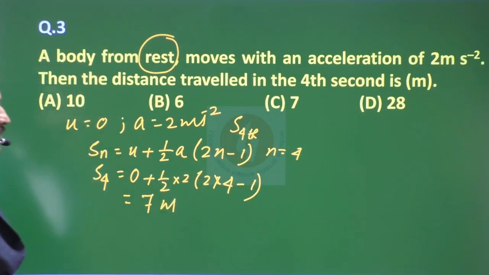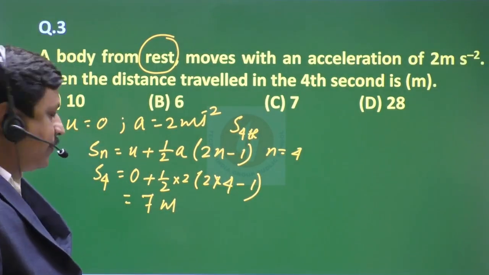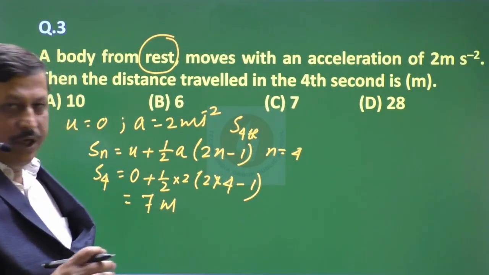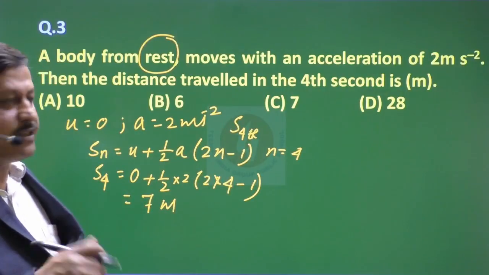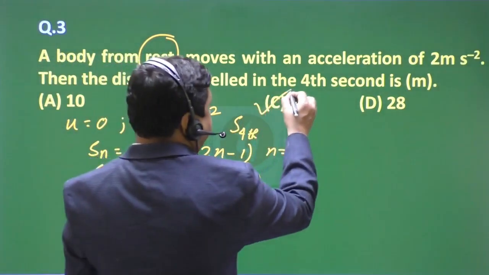Okay, that means at 4th second it will displace 7 meter. This is basically displacement in 4 seconds minus displacement in 3 seconds. Okay, that is 7 meter.